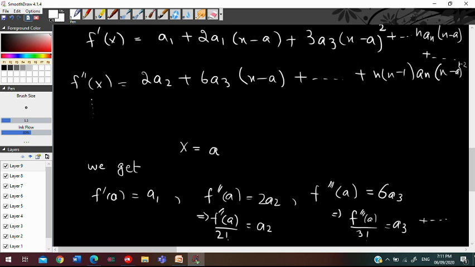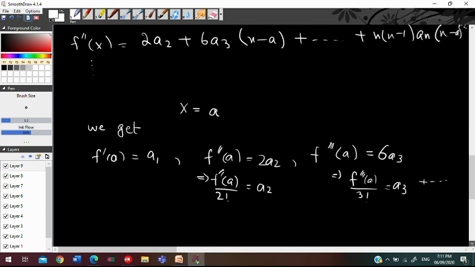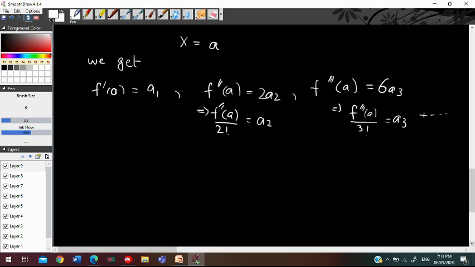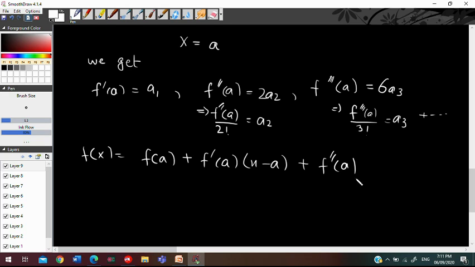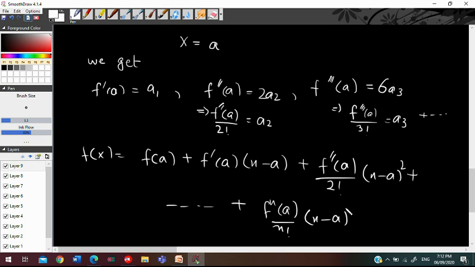So if we substitute all these values in our equation 1, we get f of x equals f of a plus f prime of a into x minus a plus f double prime of a divided by 2 factorial into x minus a square plus up to f n of a divided by n factorial into x minus a power n plus so on.